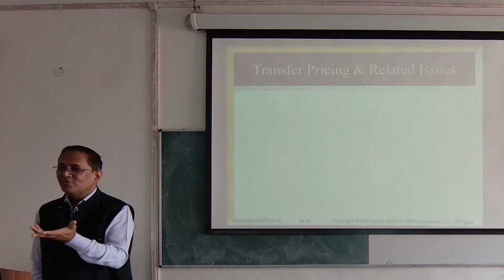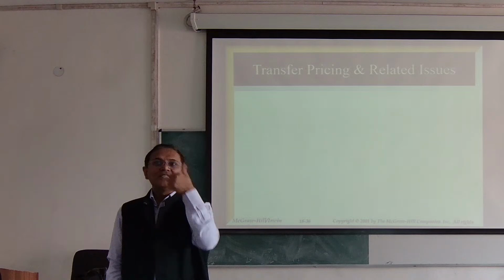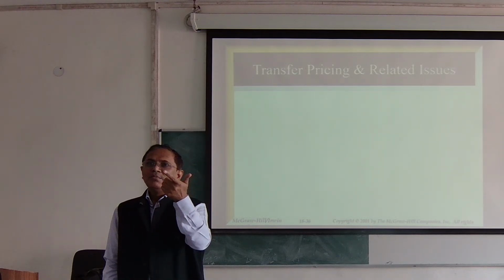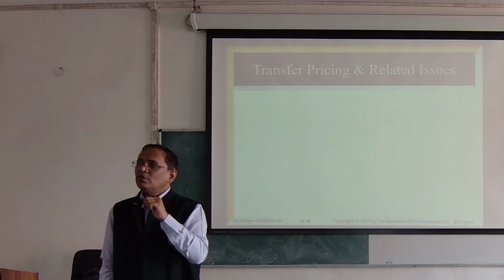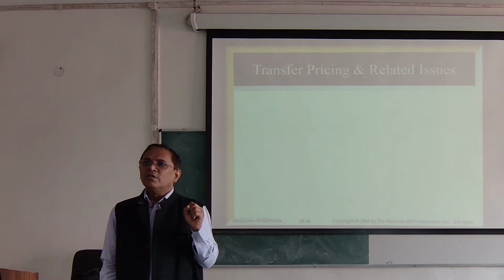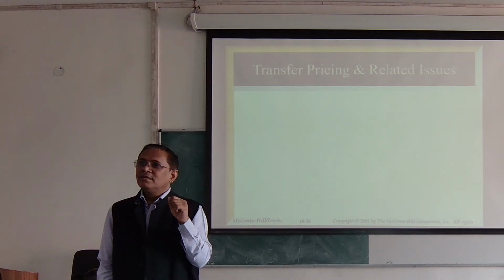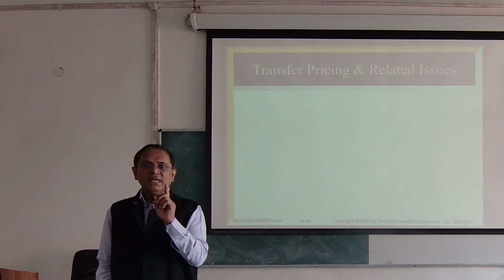I am getting gain out of it. So the machine is transferred at a higher price as per my wish. Point number 1. Point number 2, right now suppose I had $100 million worth of machine here, fair book value of 100 million worth, and I am selling at 200 million.